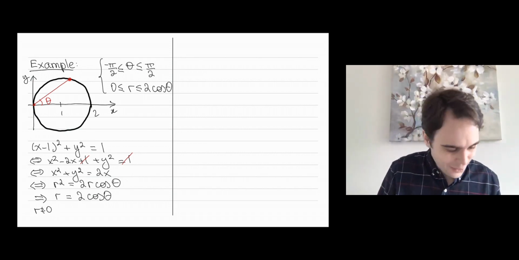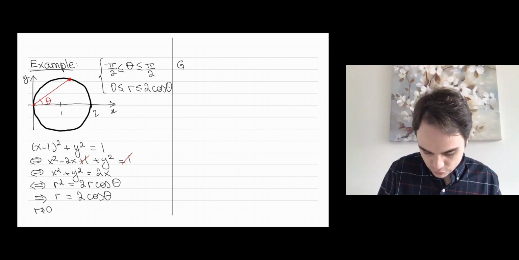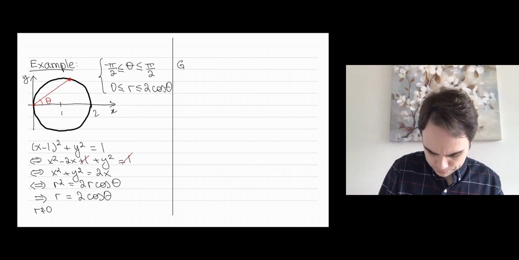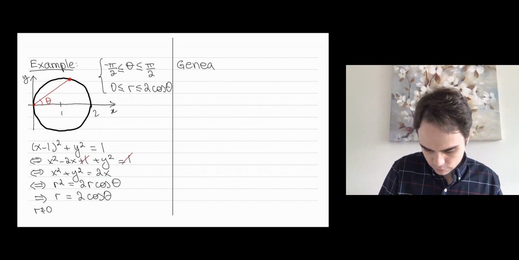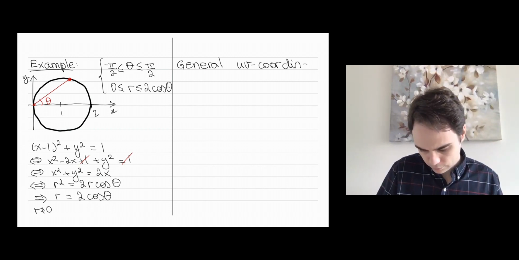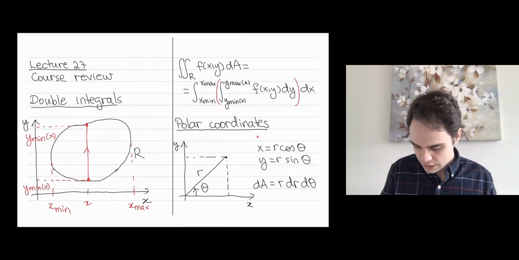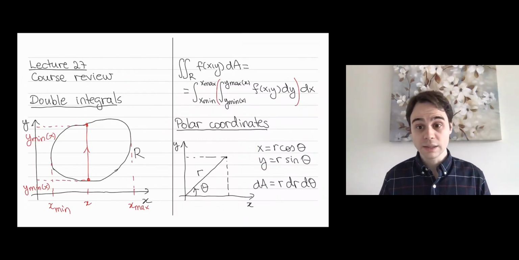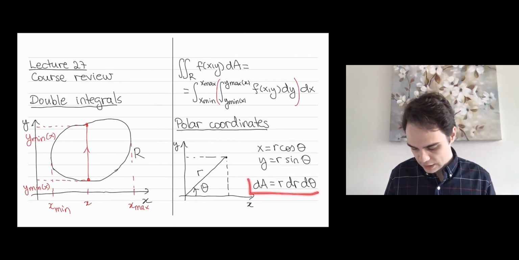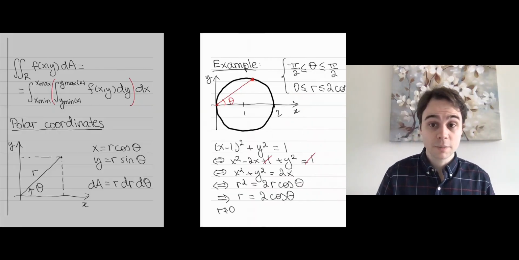The next thing we talked about was general changes of coordinates. Before, I expressed x and y in terms of r and theta, and I told you that dx dy is r times dr d theta.